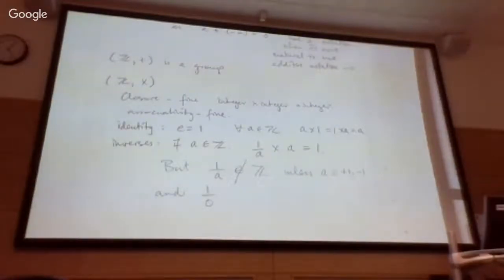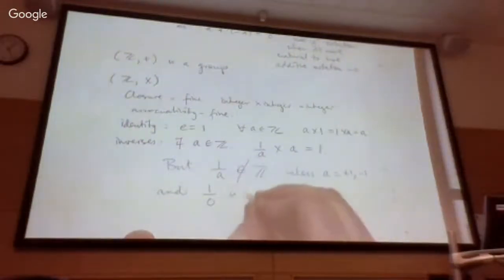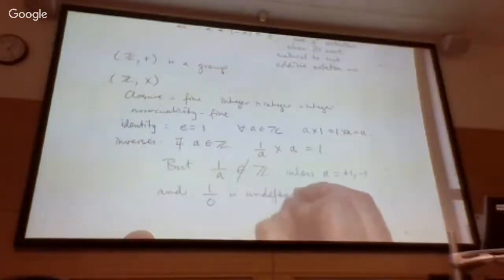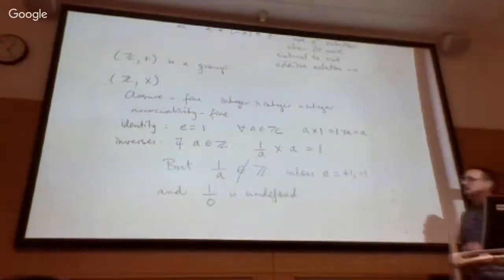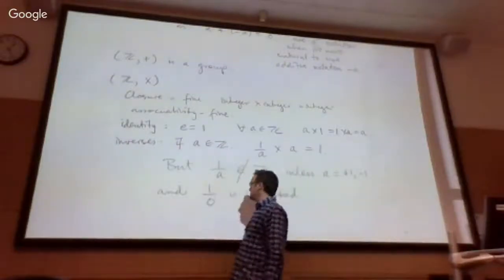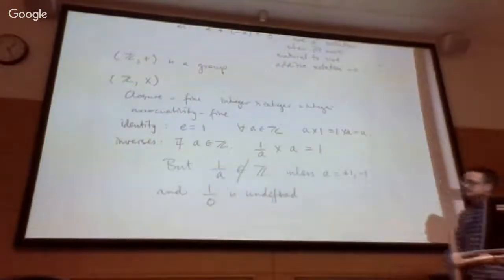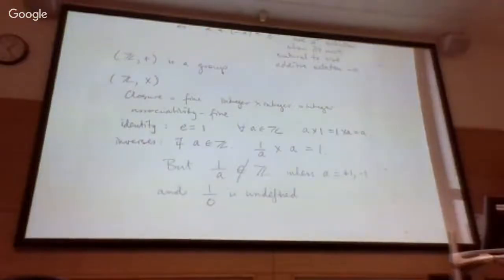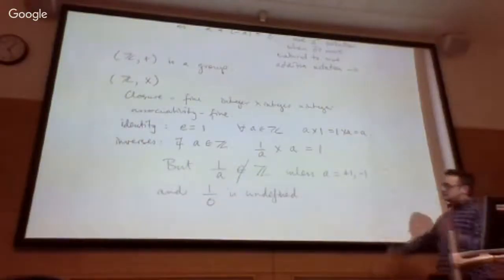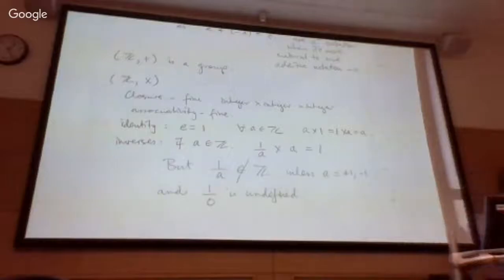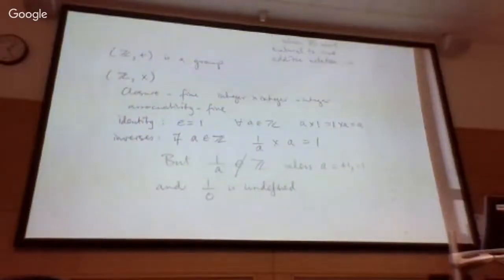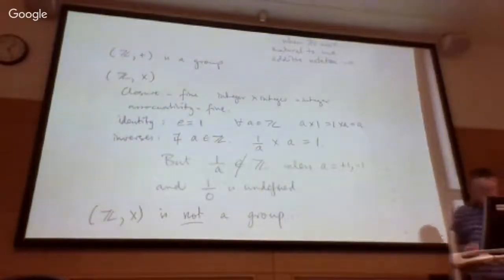It's undefined. I mean, you might like to say it's infinity, but then you're certainly not in the set of integers. So our conclusion is that this system is not a group. Okay, because it breaks condition 4.